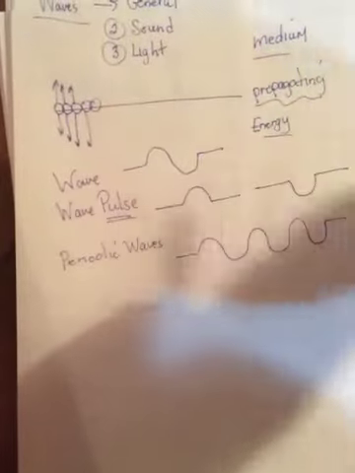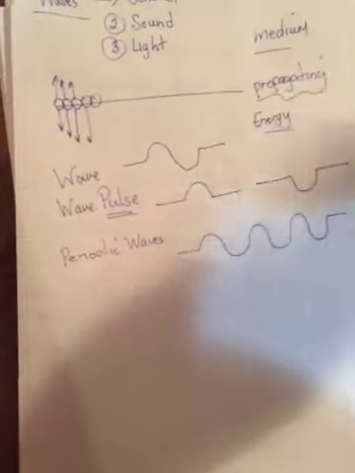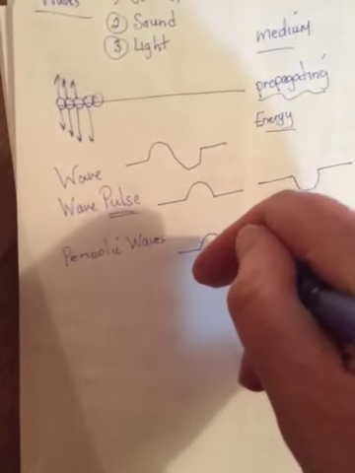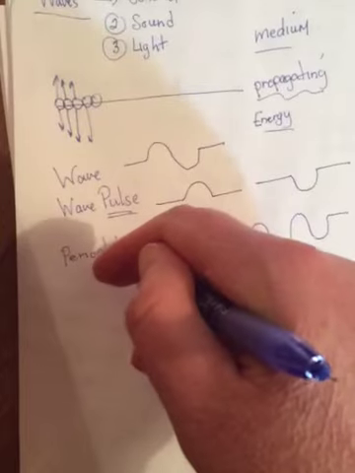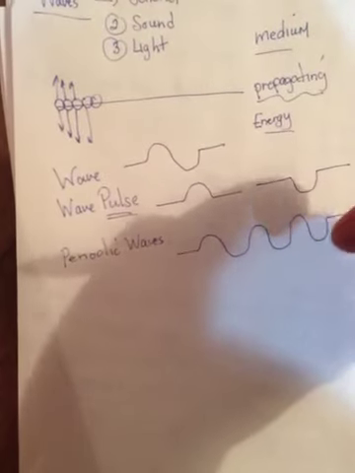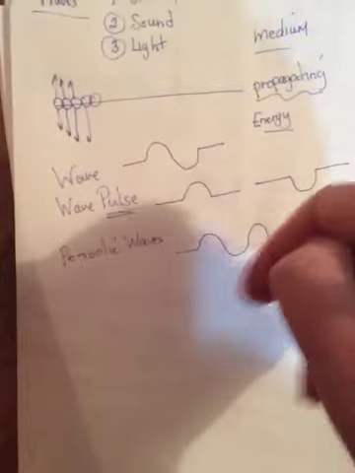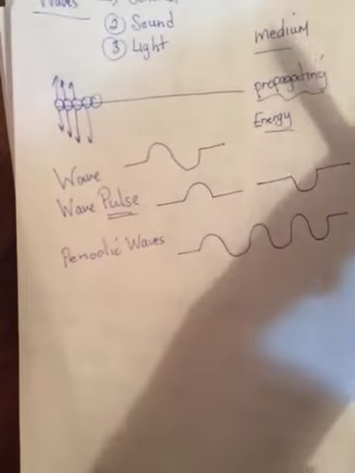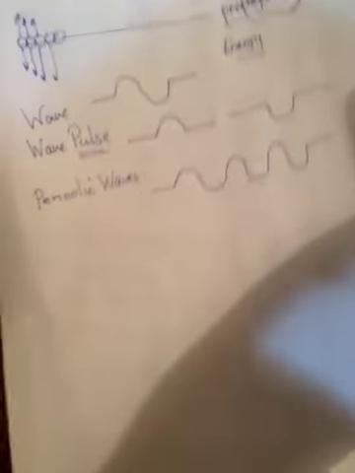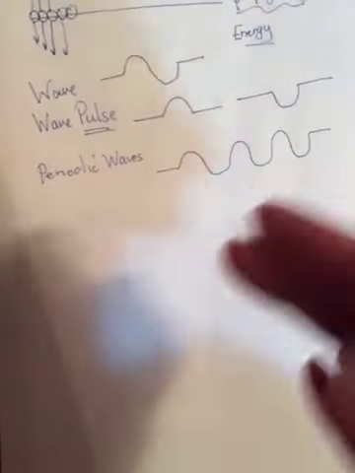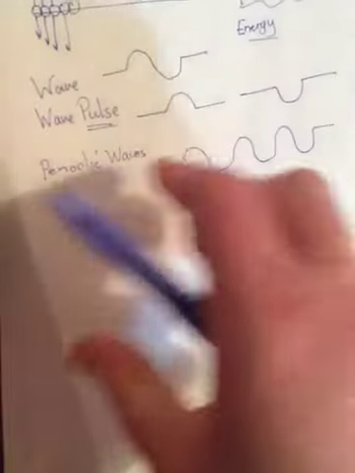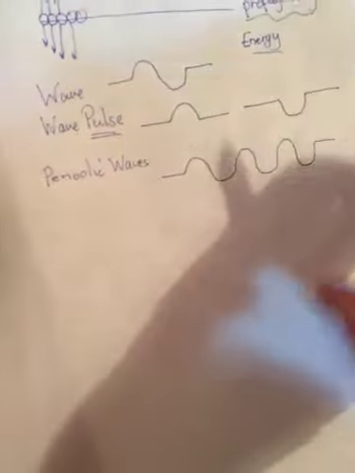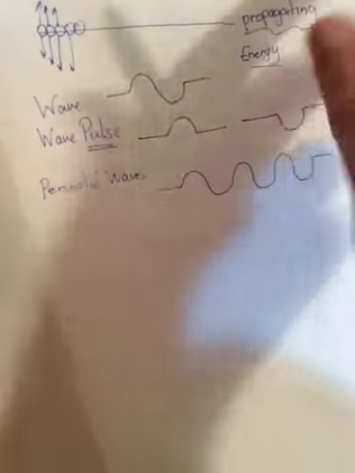And so I would have categorized you into taller or shorter, okay? But then I could put you all back together, and I could do anybody with long hair on one side of the classroom and anyone with short hair on the other side. And it wouldn't be the same groups of people, right? Like, so we're going to put our waves in categories, and we're going to do it based on two different characteristics. So we'll talk about types of waves based on one characteristic, and then types of waves based on another.